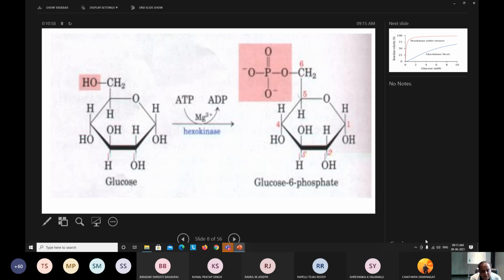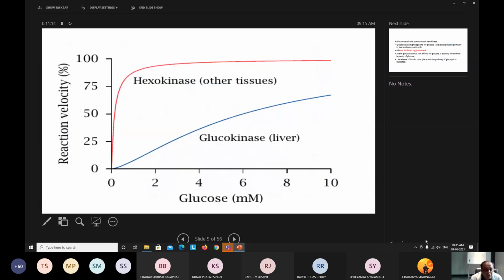So this is the reaction where phosphorylation takes place in the presence of magnesium as the cofactor. Hexokinase acts upon the glucose and converts it into glucose 6 phosphate. Now, there is the presence of glucokinase also.